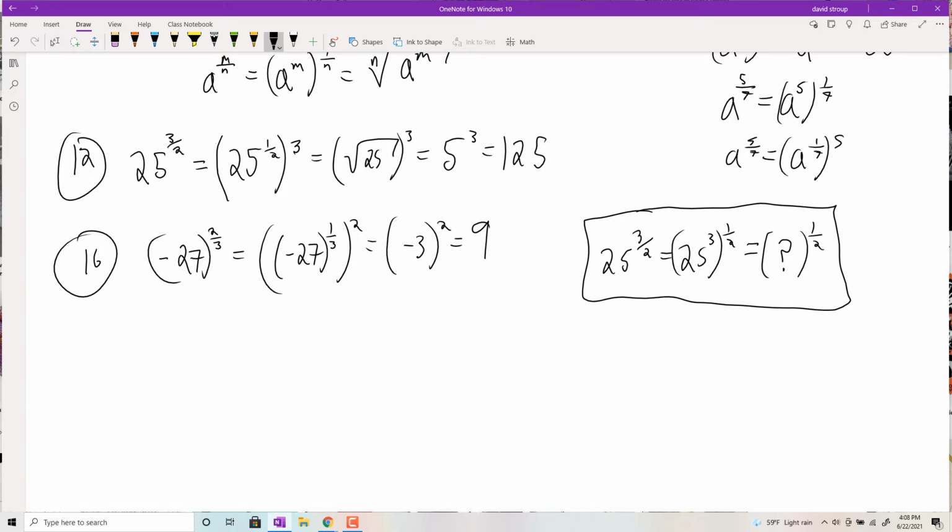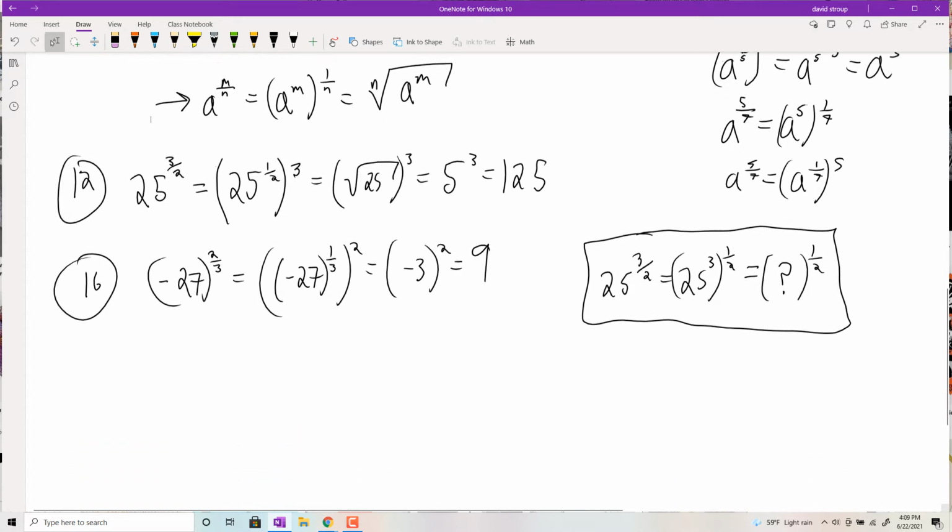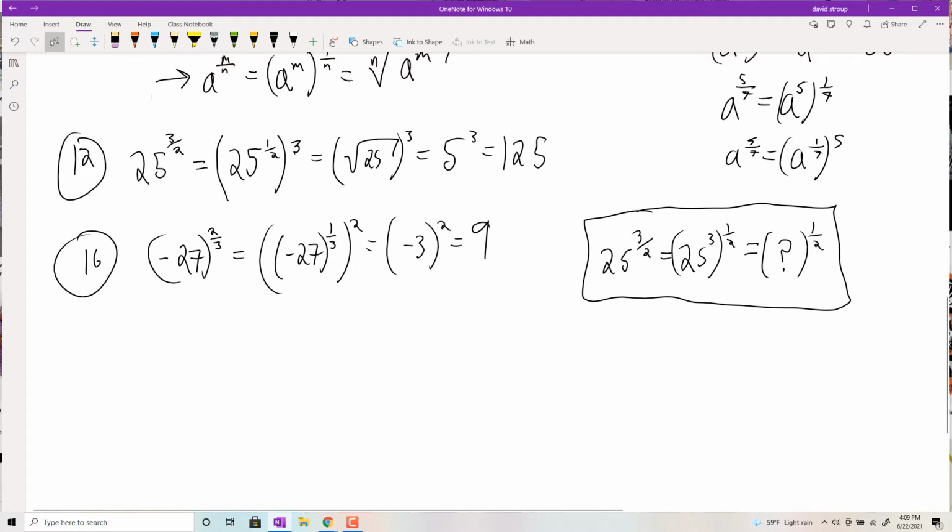So typically it's this process we are doing, but sometimes you will be called upon to do it the other way. But you do the one that's easiest to get away with while doing computations in your head. Okay.